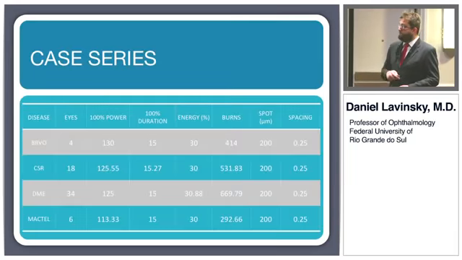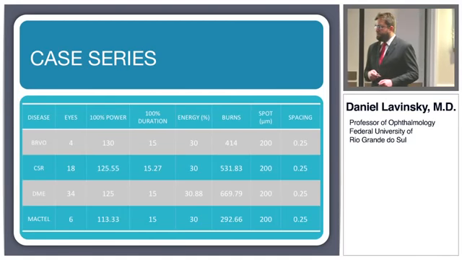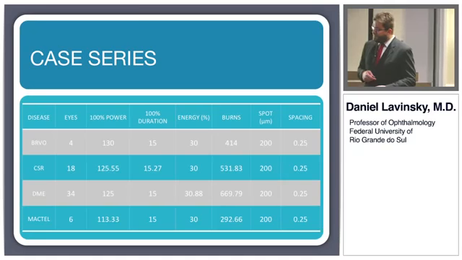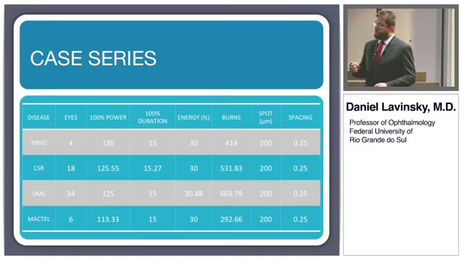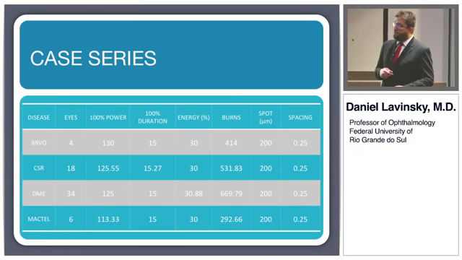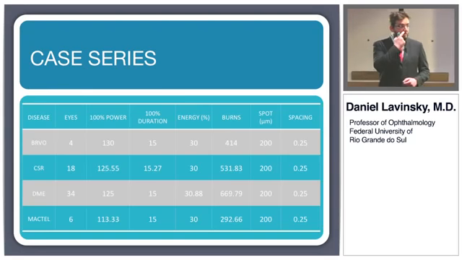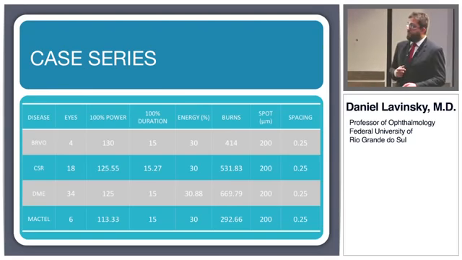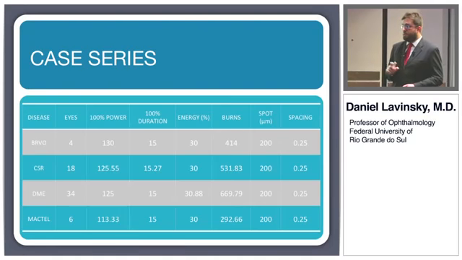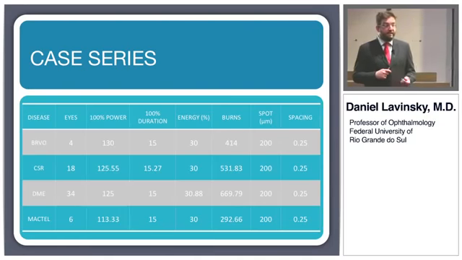So, this is the case. So far, we have about 58 patients treated, eyes treated, mostly with DME and central serous chorioretinopathy and BRVO, a couple of cases, and I'm treating some macular telangiectasia.